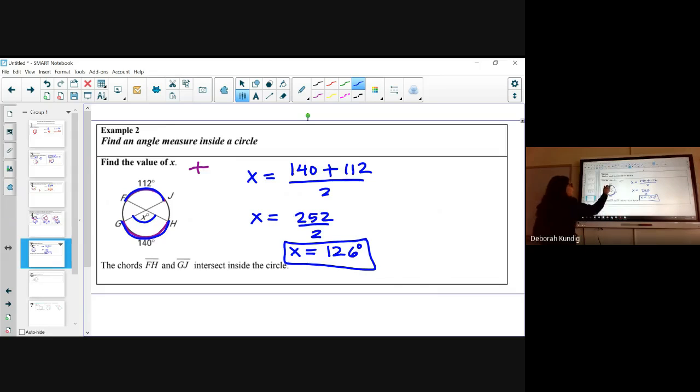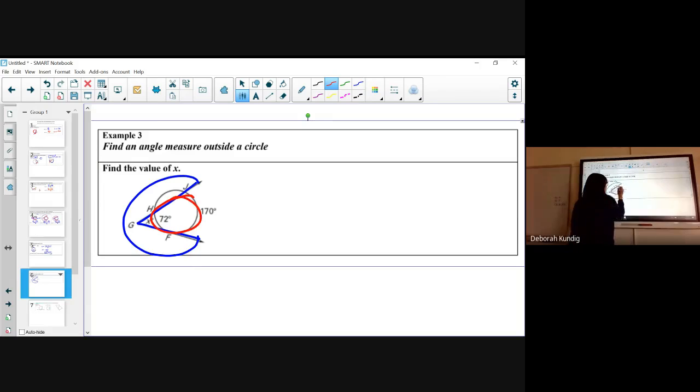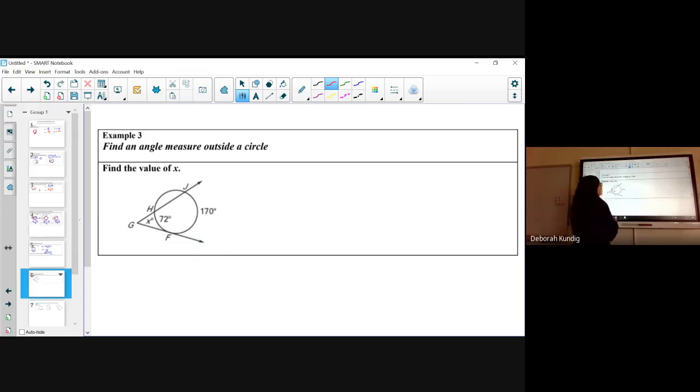So this is an example where we had two chords intersect. This one is a secant and a tangent. Either way, here is my Pac-Man. It's eating away at this red dot, so I'm going to think of Pac-Man eating away, which means subtract.